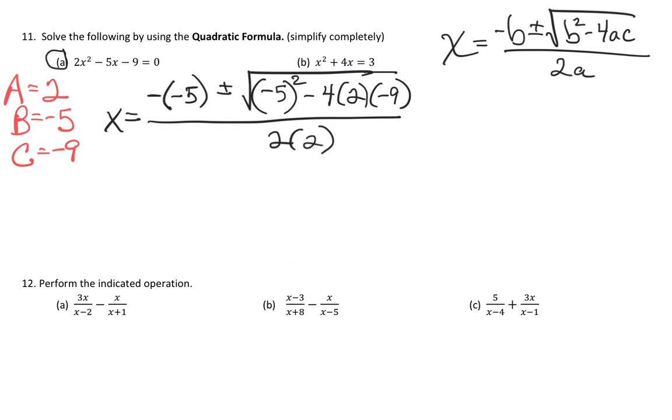It's kind of a lot. Let's just take your time to simplify. Okay, -5 gives you +5. 25. Let's see, is that 72, I think? 9 times 8. 72. I think that's right.